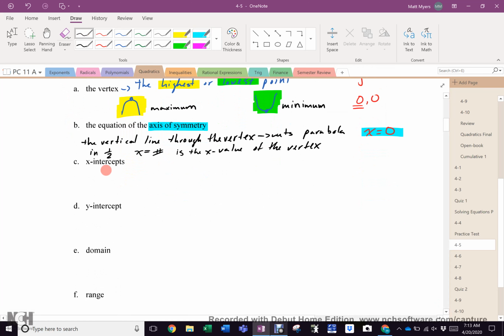X-intercepts, we already know what x-intercepts are from grade 10. They're anywhere where x is x and y equals 0. They also have two other names, roots or zeros.